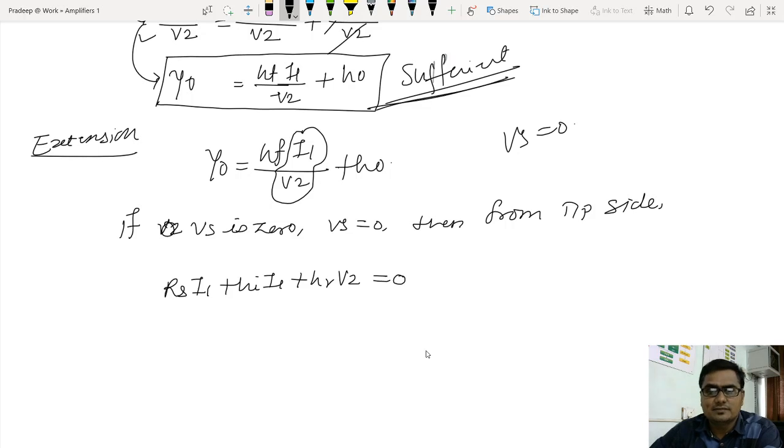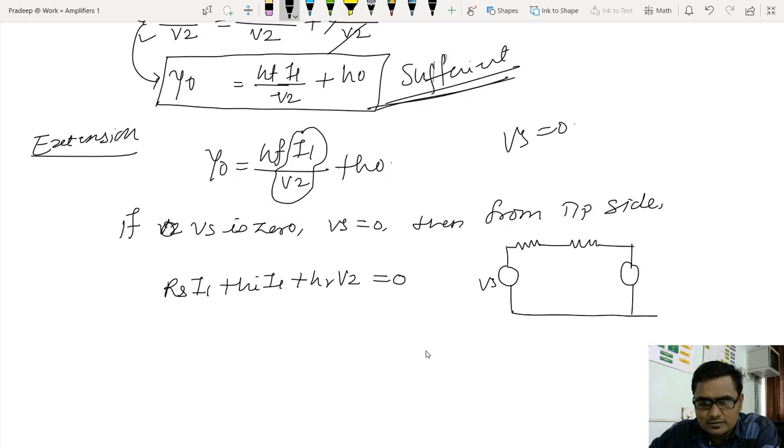This is what from the input side. Input side means I am talking about this. I have this as an input voltage Vs, then here it is Rs, there it is Hie, there it is HR V2. This is Hie and this is Rs, and the current flowing through Rs and Hie is I1.